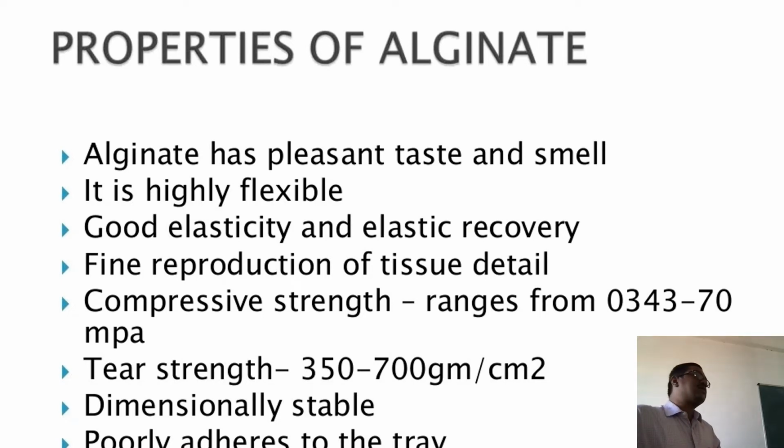And it is flexible enough because it is an elastic impression material, so it has flexibility. So by the advantage of flexibility, we can use this material for any undercuts. After engaging the undercut, it will flex and release and come to the normal position. So this is the advantage of alginate impression material.